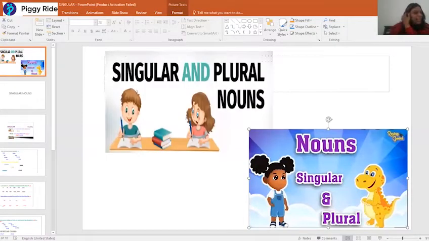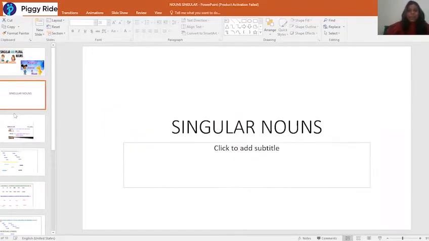Now, I am going to explain singular and plural nouns. So kids, get ready to learn the basic concepts of this particular grammar module. I am going to start with singular nouns. Now, we all know what nouns are.